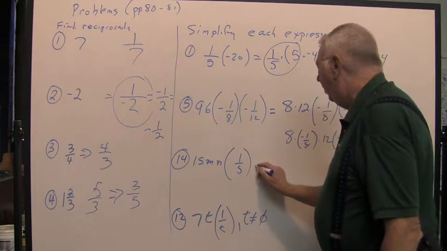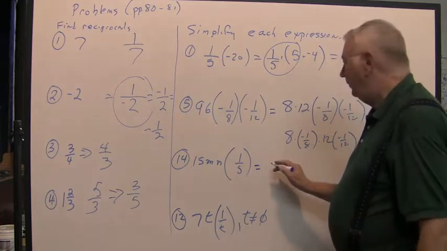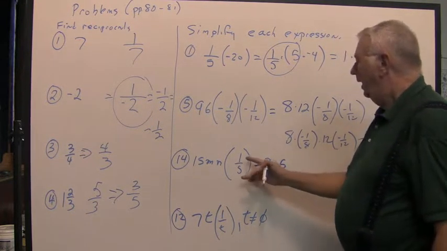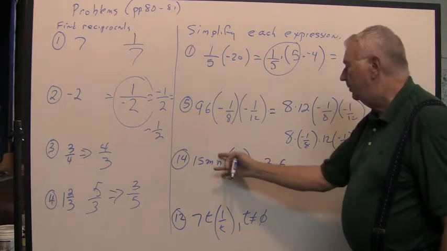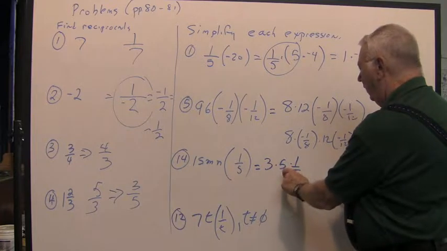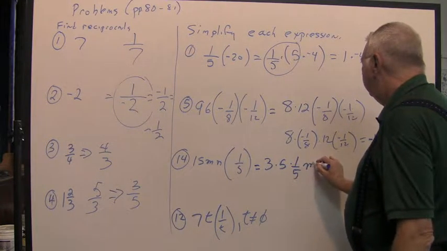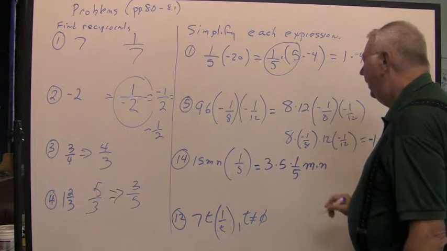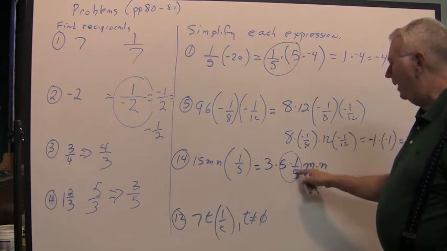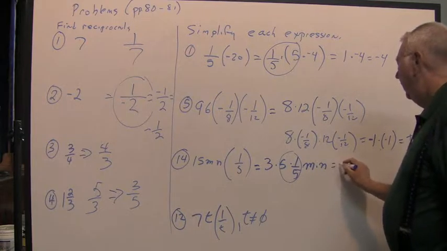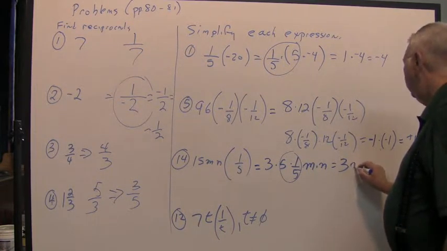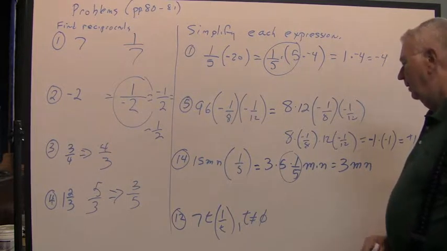We can break our 15 out into 3 times 5, and by the commutative property, bring that 1/5 over here next to the 5, and then retain our m and n. So now this becomes simplified. 5 times its reciprocal is 1, and this would therefore come out to be 3 times 1, which is 3mn.